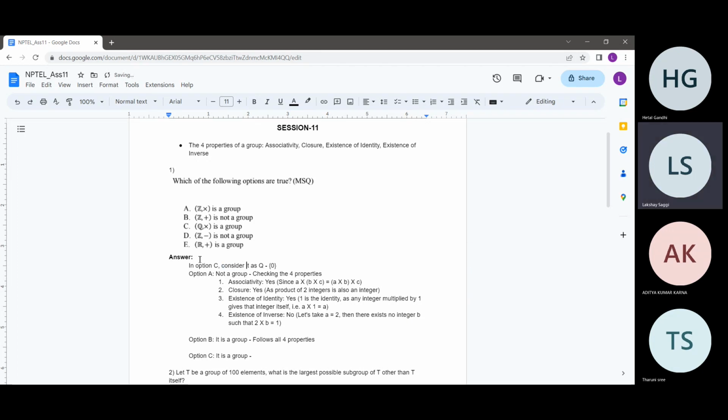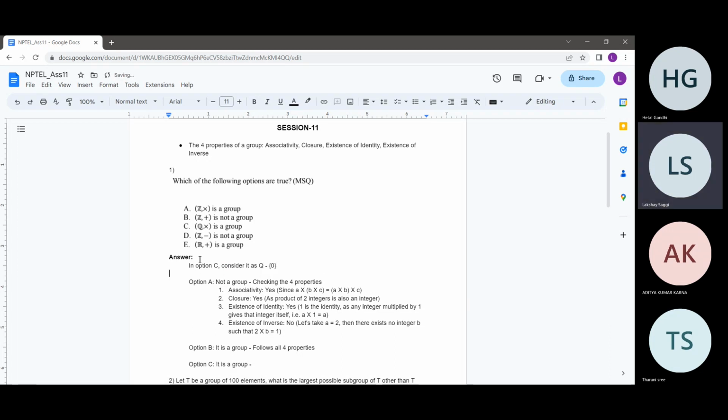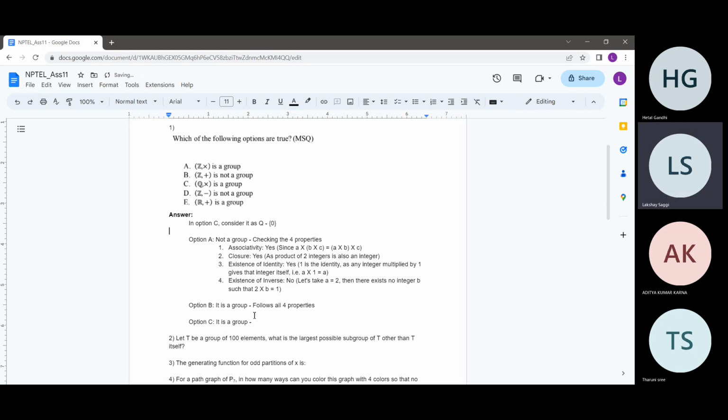Consider it as Q minus 0. And in that case, it will actually be a group. Why? Because why I'm removing 0? Because for every rational number p by q, there will be an inverse q by p, except for the number 0, right? Because 0 will not have a multiplicative inverse. I hope it's clear to you guys.